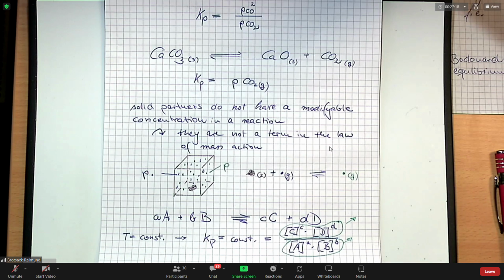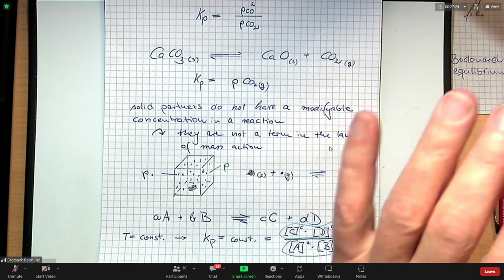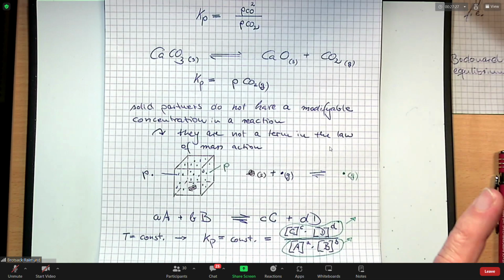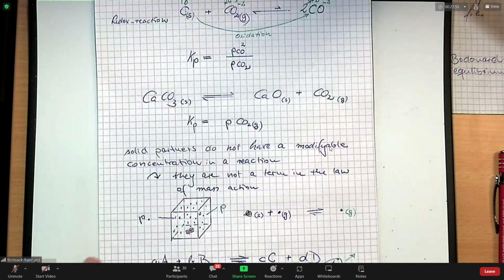Well, we have a few options to influence the equilibrium. To say, okay, we'd like to have it more on the right or more on the left. What can we do when we look at a reaction? What are the parameters which can be changed to have an influence on where the reaction is, on the right side or on the left side? For example, let's look at one of those examples we had before.